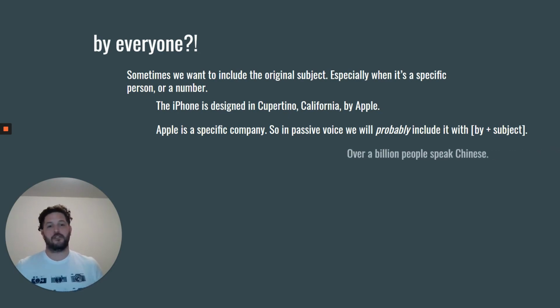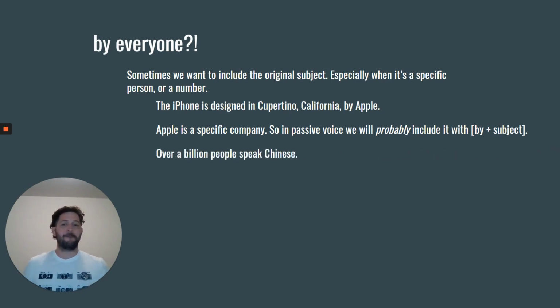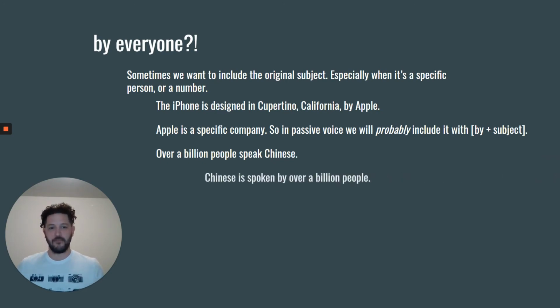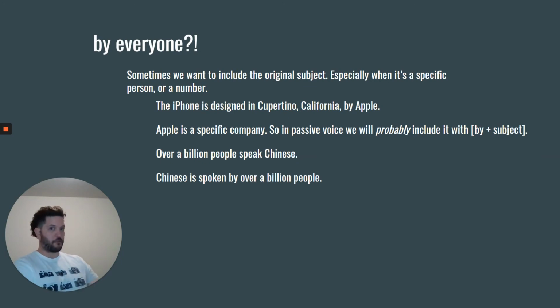What about numbers? Over 1 billion people speak Chinese. Chinese is spoken by over 1 billion people. Because that is a large, significant number, we're going to include that in our sentence, but at the end.